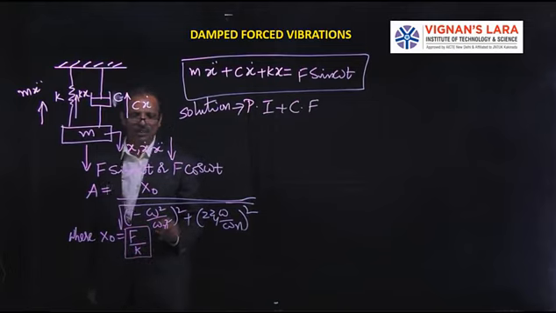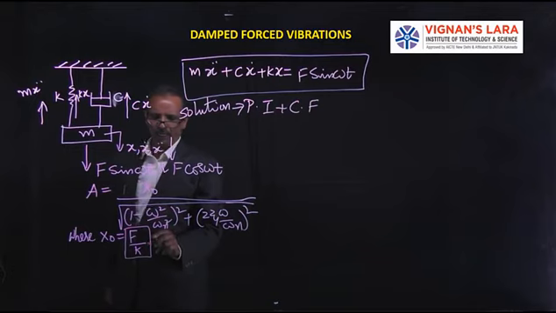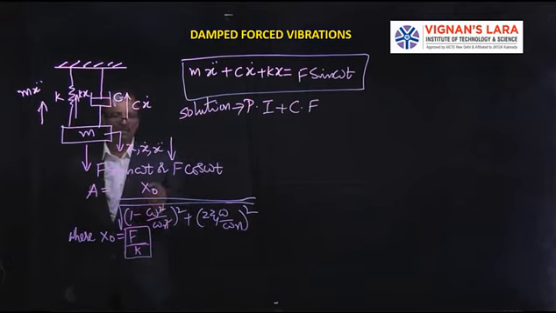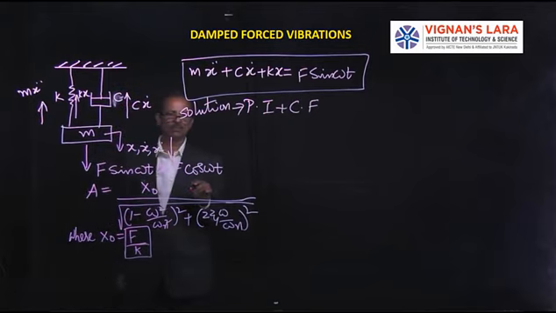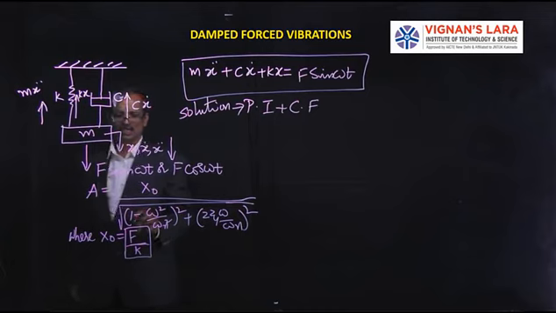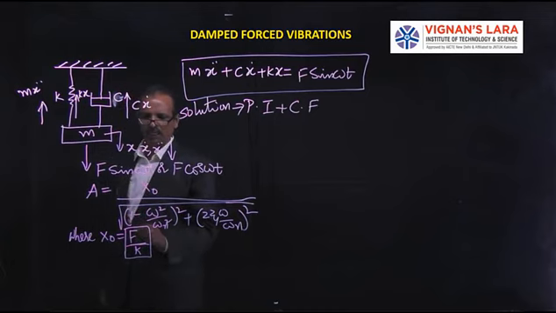If the force is applied on a body with stiffness K, then the static deflection it gives is F by K. That is, if the force is applied not in the vibrating mode but the body is simply allowed to deform, the static deflection is F by K, isn't it?